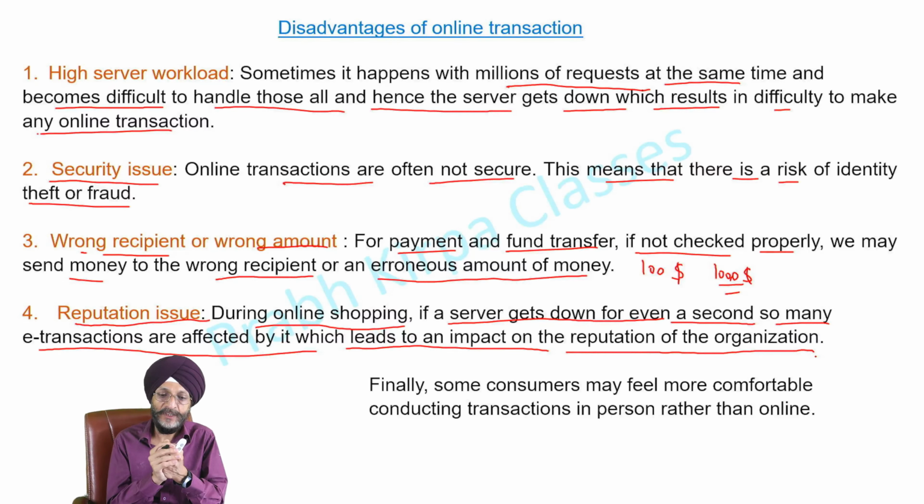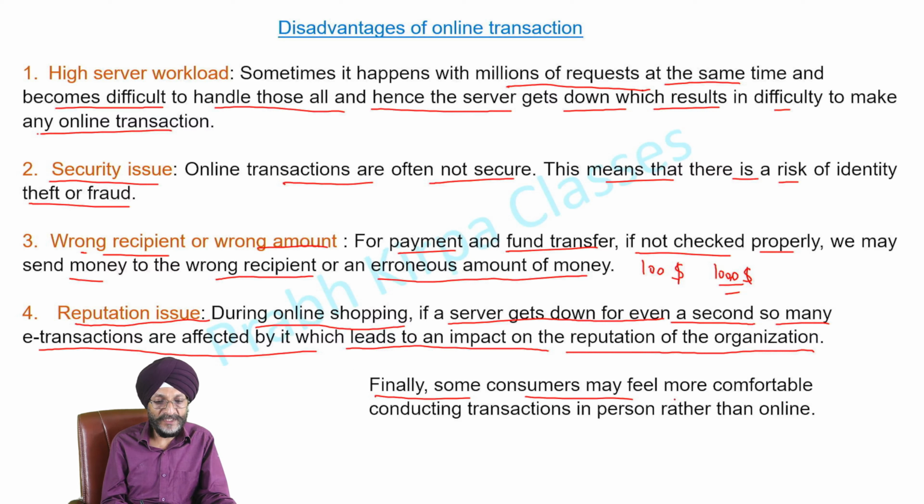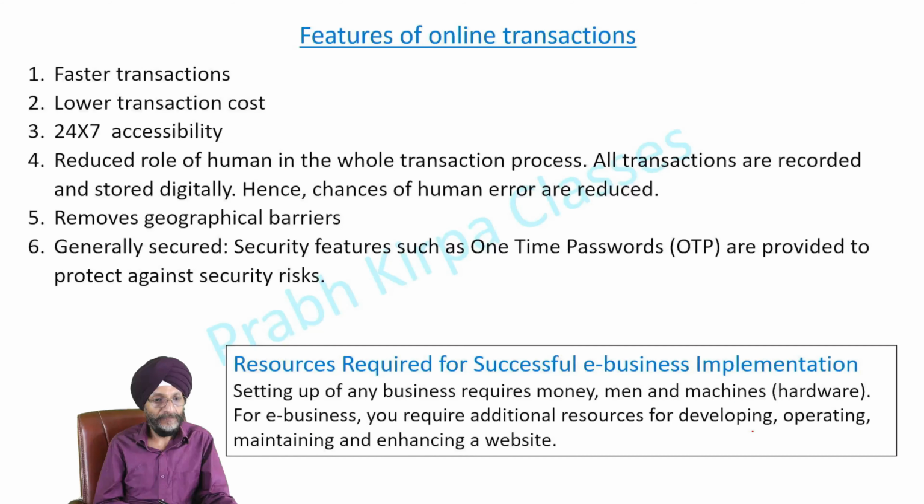You may have seen on the internet that the server of a particular organization was down and so many transactions suffered, and such instances adversely affect the reputation of the organization. Finally, some consumers may feel more comfortable conducting transactions in person rather than online.